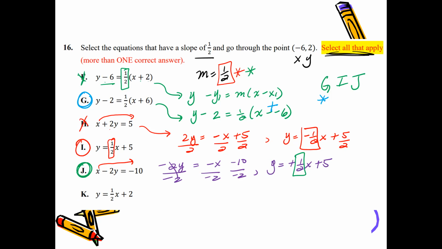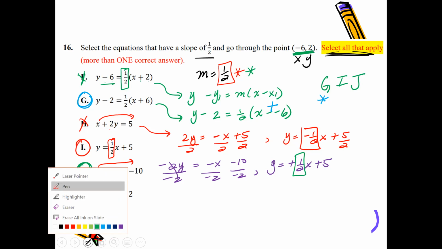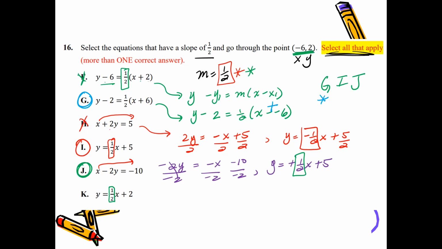Now with K, you're like, why is K not an answer? Because it does have a 1/2 right there. But remember the second criteria is it has to go through the point -6, 2. So y is 2, 1/2 times x, which is -6, plus 2. The two sides of the equation have to equal each other, so let's check.